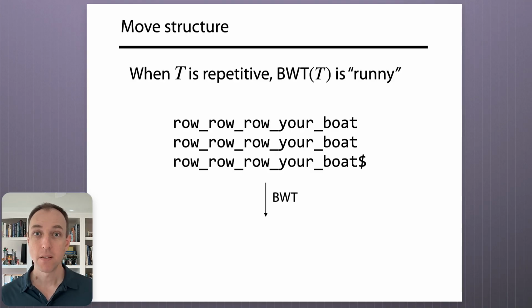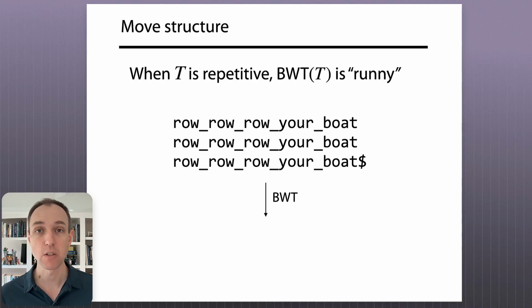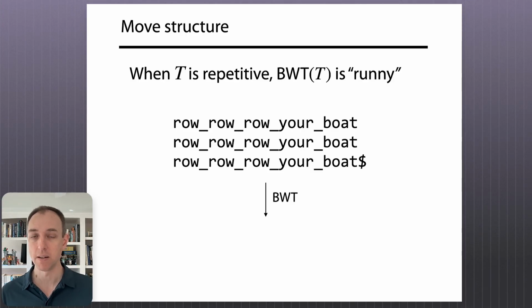Okay, but to go back and remember a principle that we laid out at the beginning of when we studied the R index: when the text that we are indexing is repetitive, for example, if we're indexing a pan-genome, a collection of, say, human genomes, and any two human genomes are extremely similar, so if we're indexing dozens or hundreds of human genomes, that's very repetitive.